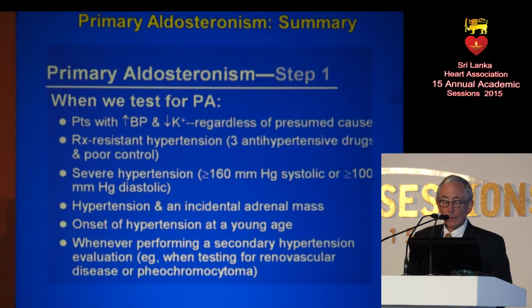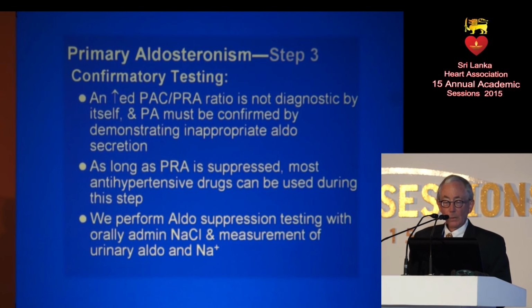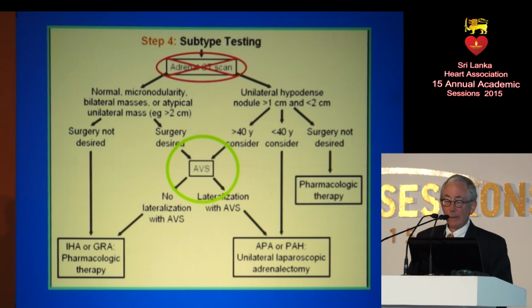So I've reviewed a number of these steps with you today about when to test. We've looked at case detection testing. We've looked at confirmatory testing if it's needed, and often you won't even need to do it. And we've talked about subtype testing, where again, the imaging is not ideal and really, you need adrenal vein sampling.